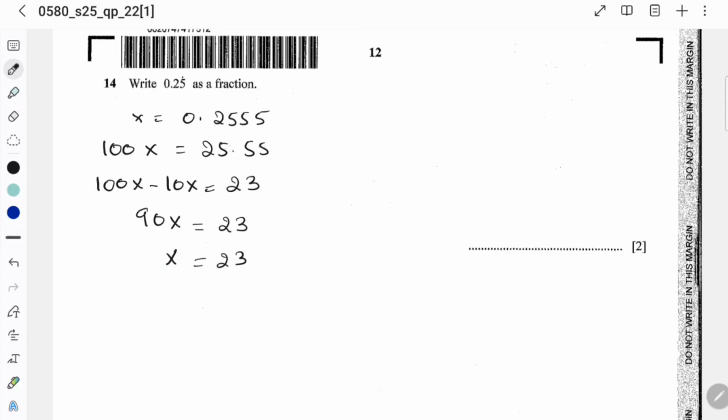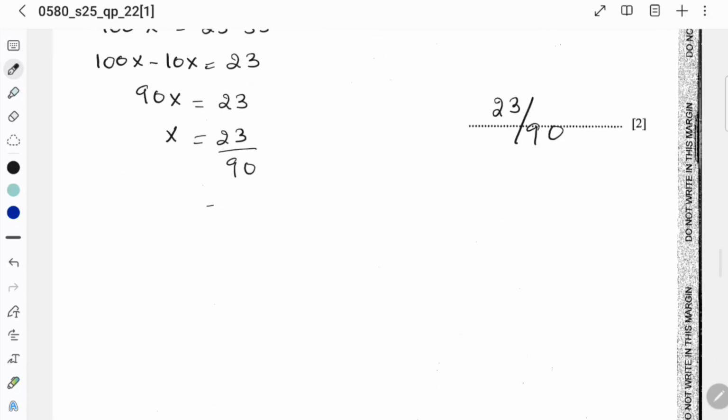Then we'll write down 100x equals 25.55, and then we'll do minus 10x, 100x minus 10x, and we just subtract because 2 was not a recurring number, so we do 25 minus 2, which is 23, and 90x equals 23, x equals 23 over 90. Which cannot be simplified, so 23 over 90 is the answer. All right, this was also a 2 marks question.